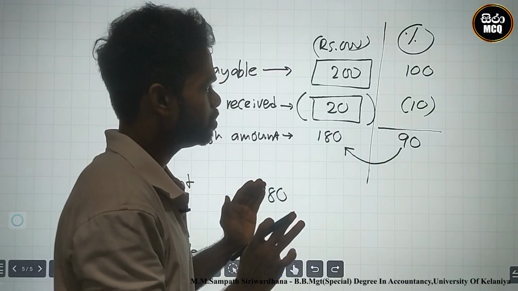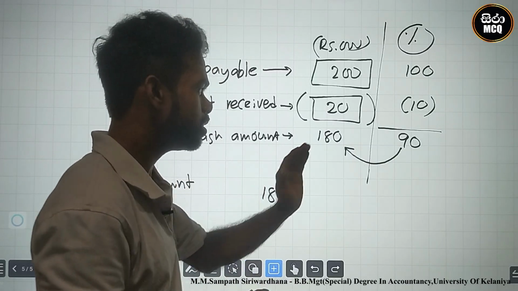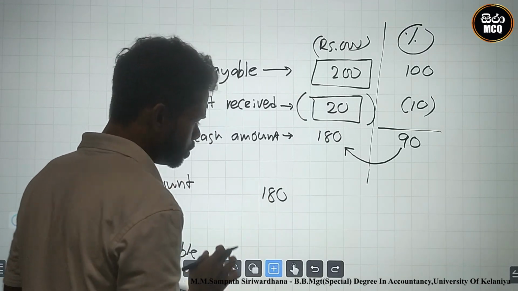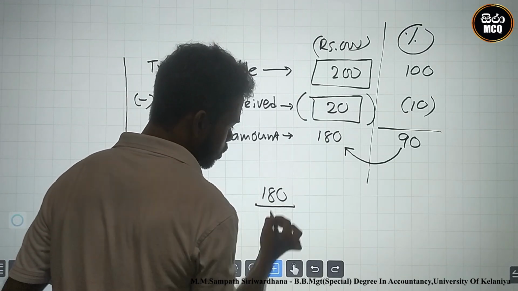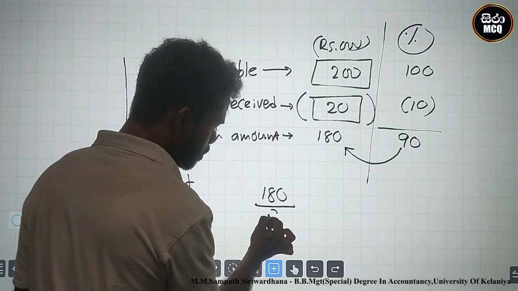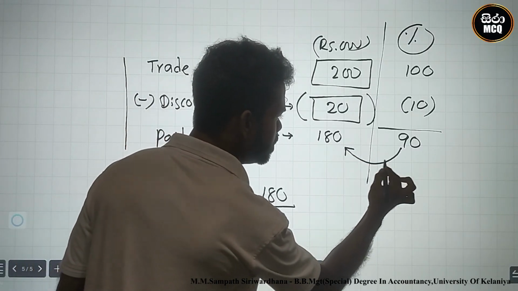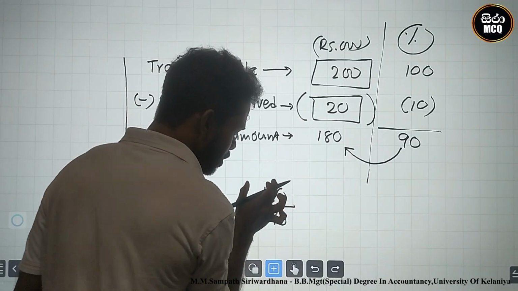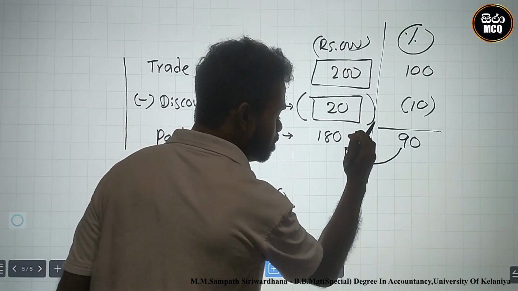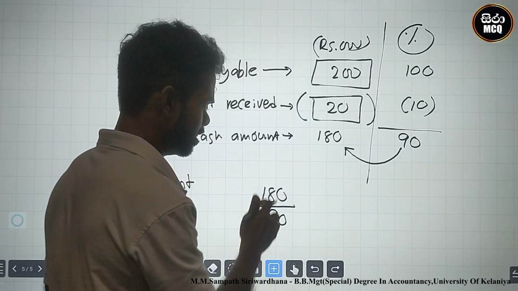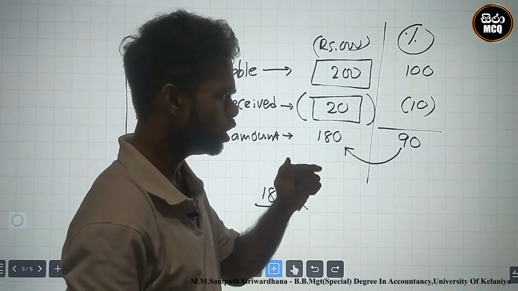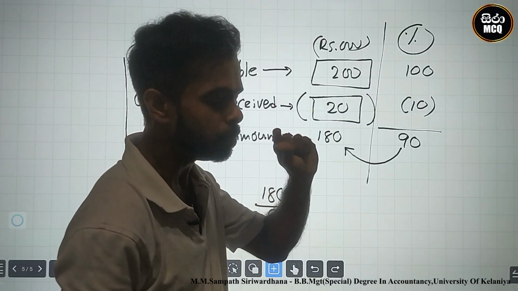But there is a crucial point. We cannot directly get the actual amount using this. The actual value, 180, is divided by the same percentage, and then multiplied by the required percentage.